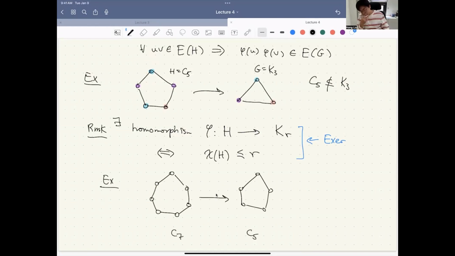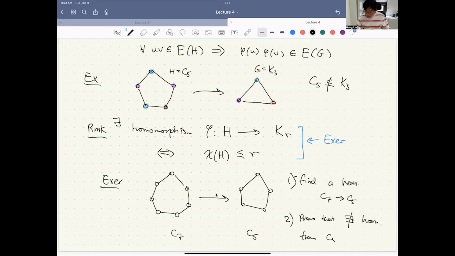I will leave it as an exercise for you to find a homomorphism from C7 to C5. That's the first exercise. Second, prove that there's no homomorphism in the converse direction. You cannot map C5 to C7 by a homomorphism.